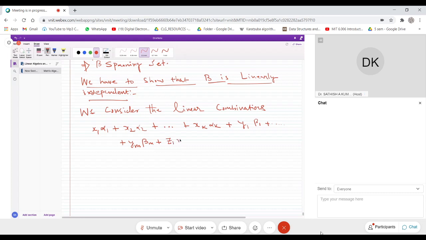Similarly, z1 gamma 1 plus etc. plus zn gamma n must be 0.